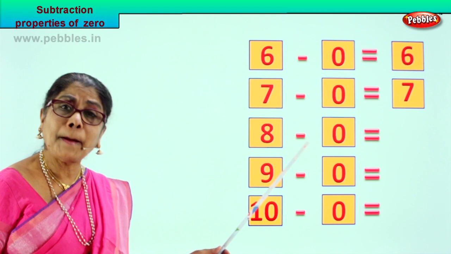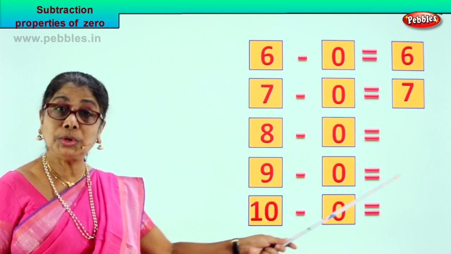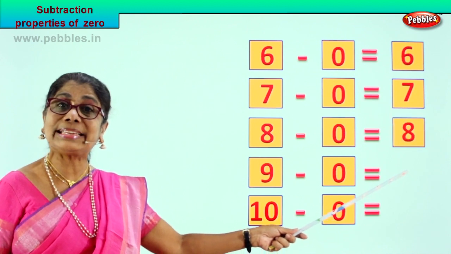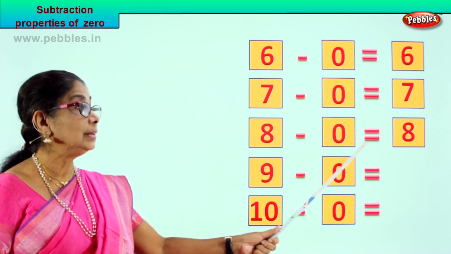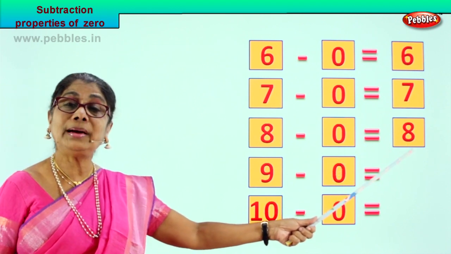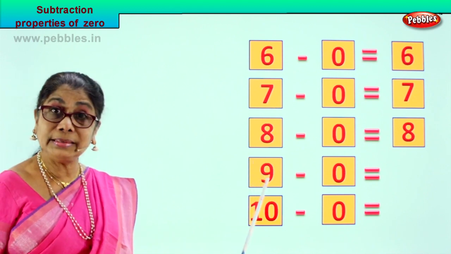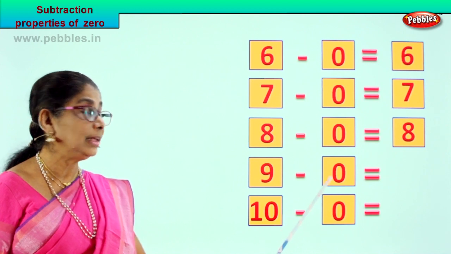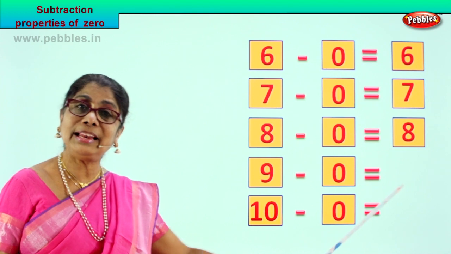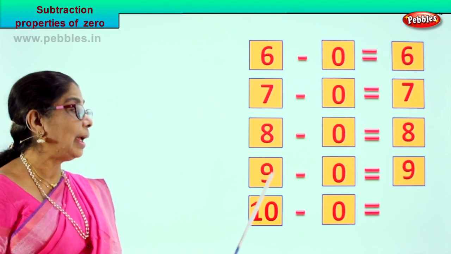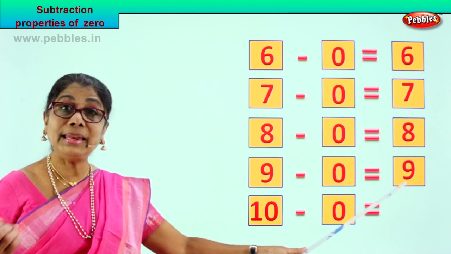Number 8 minus 0 is equal to the number itself, the number 8. Number 9 minus 0 is equal to the number 9 itself.